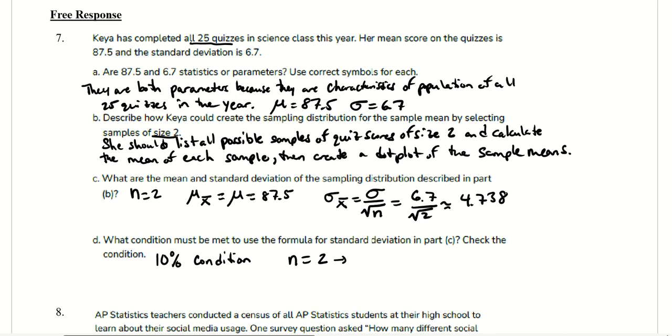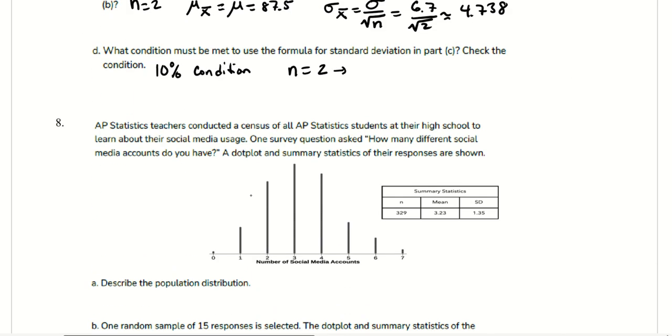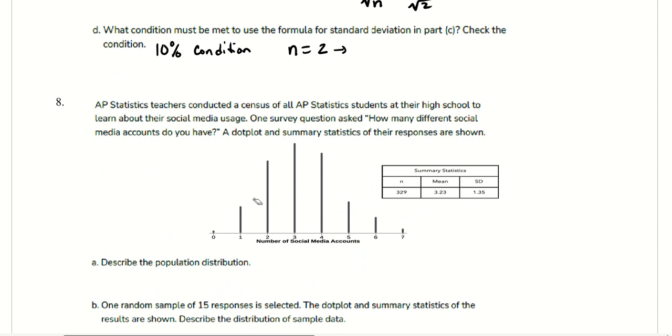The population is 25. 10% of 25 is 2.5, and therefore 2 is less than 2.5, and therefore it's true.